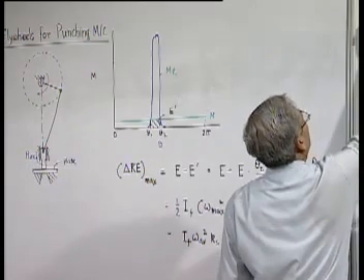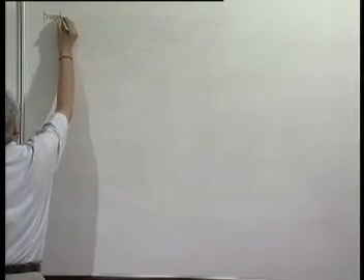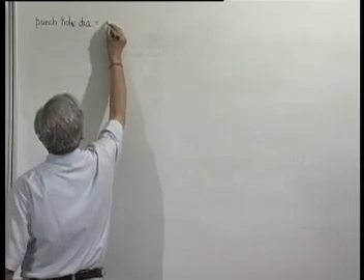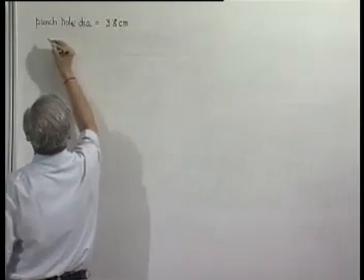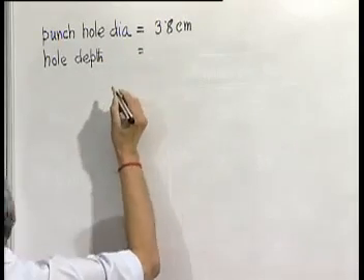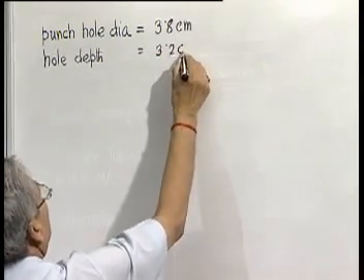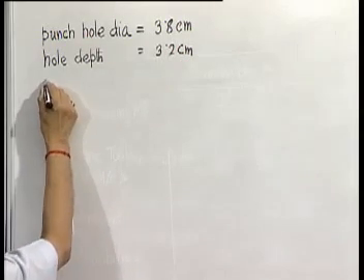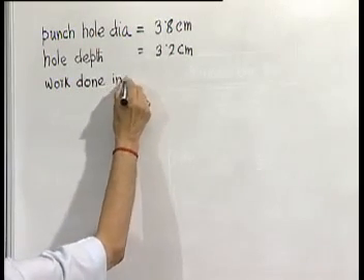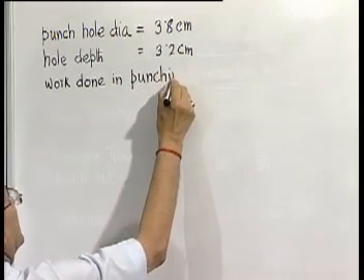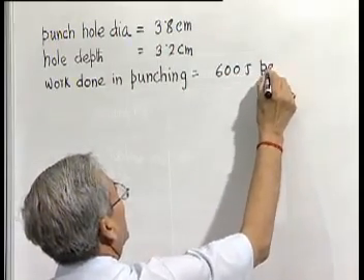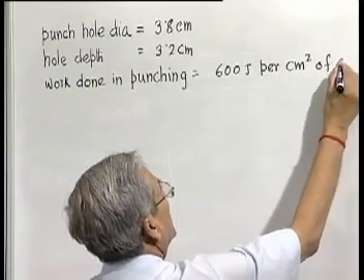Let us consider a case where punch hole diameter is equal to 3.8 centimeter, hole depth is 3.2 centimeters, work done in punching is equal to 600 joules per centimeter square of sheared area.